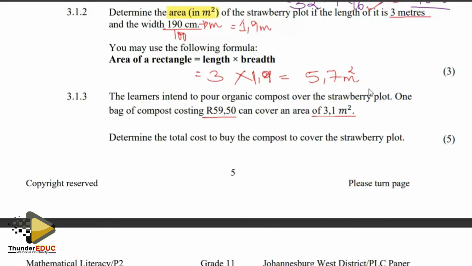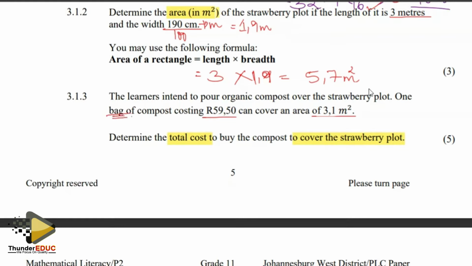Now, remember, I'd like you to understand the question. We are determining the total cost to buy the compost to cover the strawberry plot. So, remember, we are not buying the area, we are going to buy bags. We are buying bags.